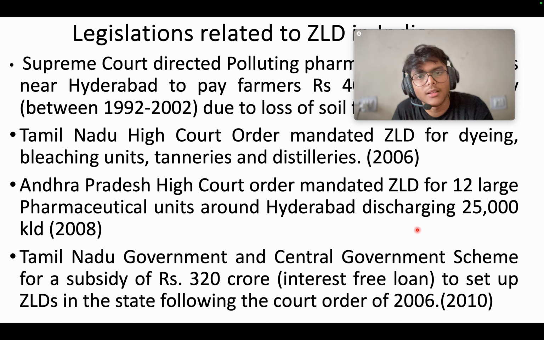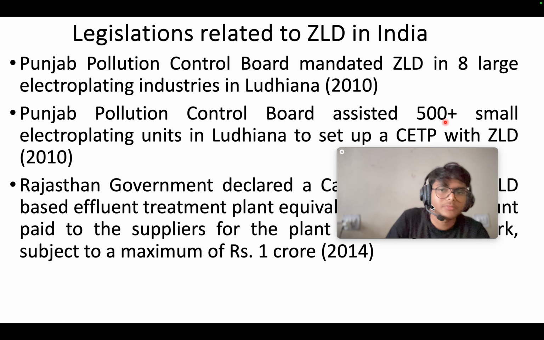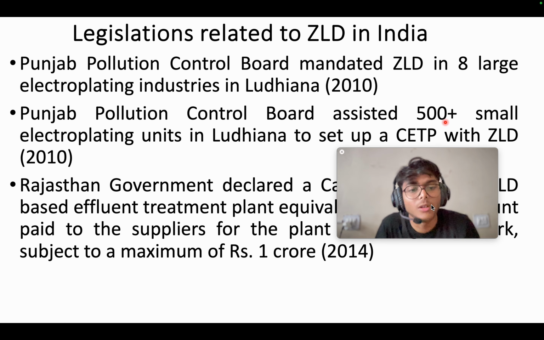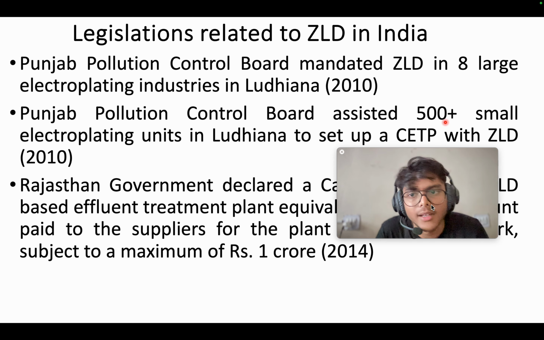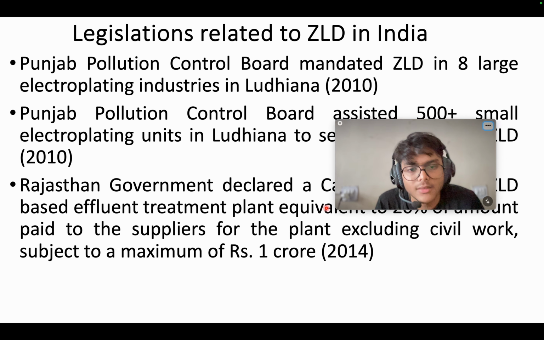And then the Punjab Pollution Control Board mandated ZLD in 8 large electroplating industries in Ludhiana in 2010. And the Punjab Pollution Control Board also assisted 500 plus small electroplating units in Ludhiana to set up the CETP with ZLD in 2010.